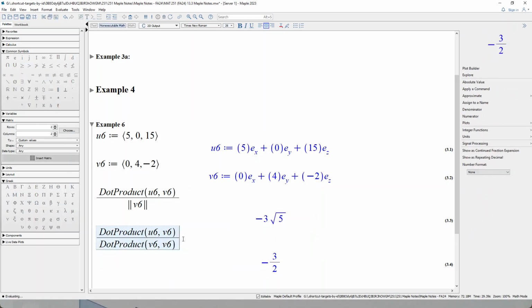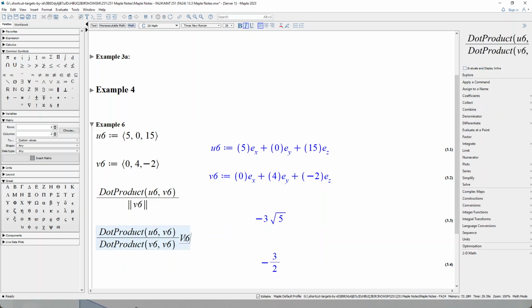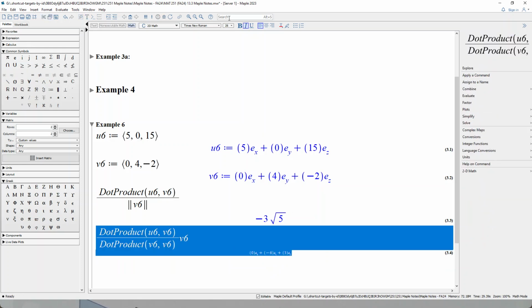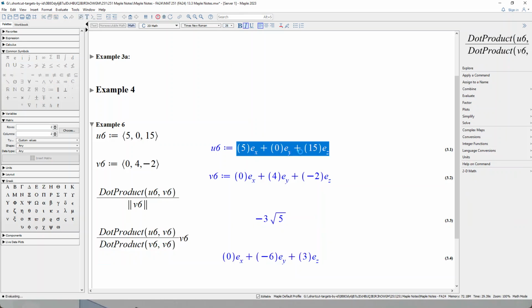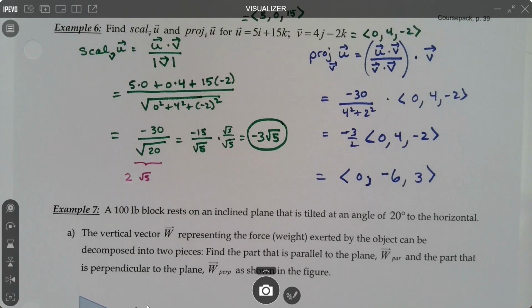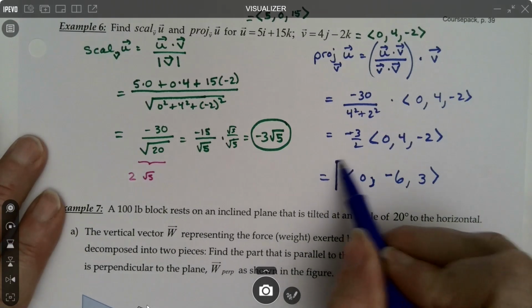And then if you want, you can actually multiply by v6 right in here. Oops, do lowercase v6, there we go. And sure enough, it's 0, negative 6, positive 3, just like we said it would be. All right, so we're going to circle that.